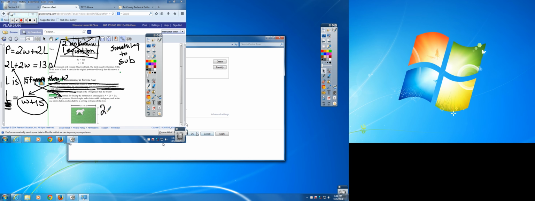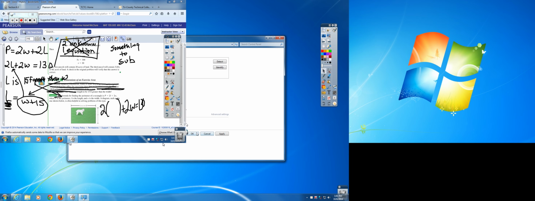2 parentheses plus 2W equal 130. And what goes right here? W plus 15. How many unknowns do I have? How many equations do I have? That's what you're supposed to have. So, what do you do here? What do I do with that 2?